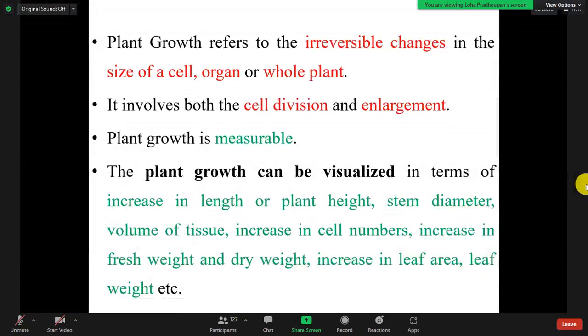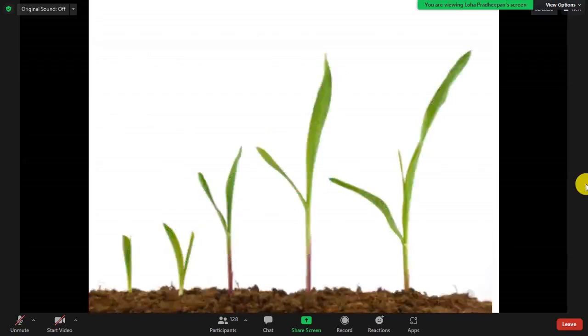So I already told you plant growth is an irreversible change. Cell division and cell enlargement take place, and that can be measured in length, height and diameter. Leaf area and leaf weight can also be utilized.